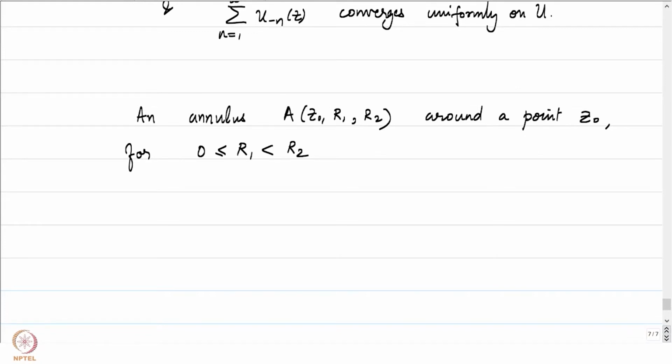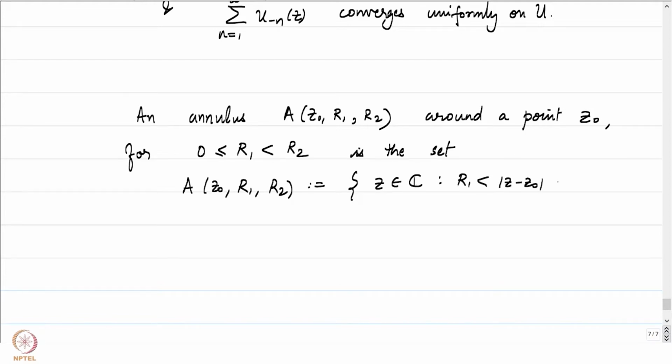By the way, R2 could be infinite. What is this? It is the open set given by the set of all Z in C such that R1 is less than mod Z minus Z0, which is less than R2.